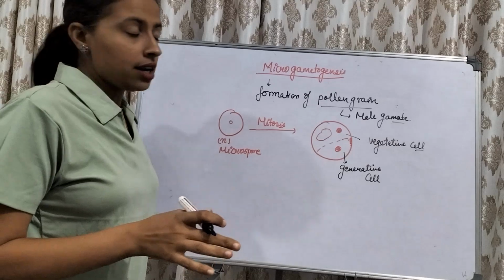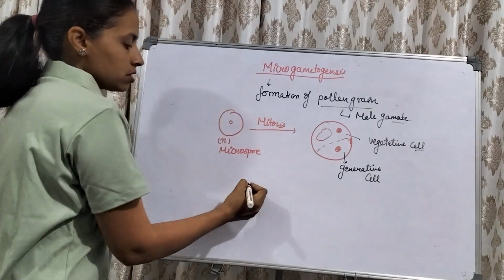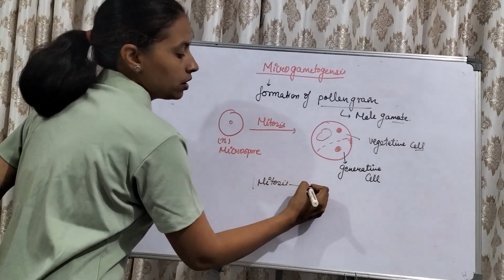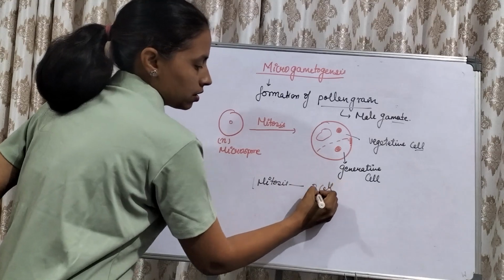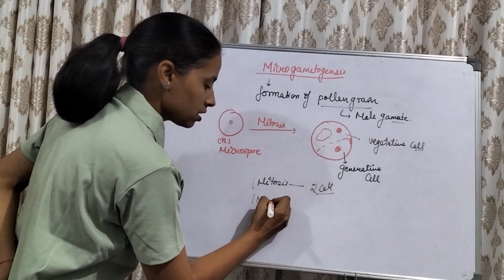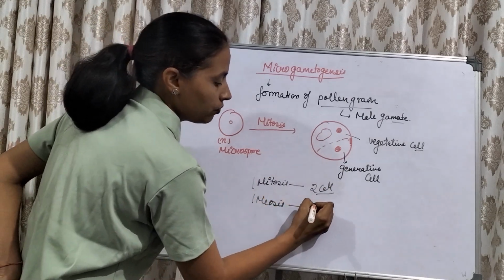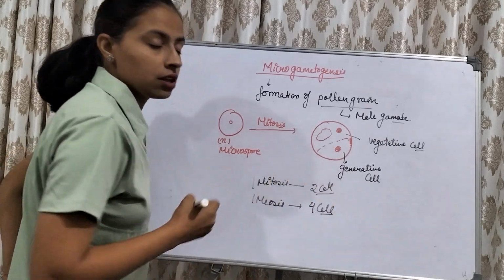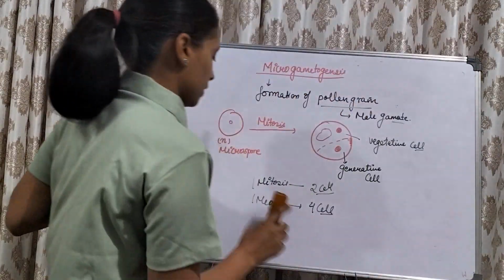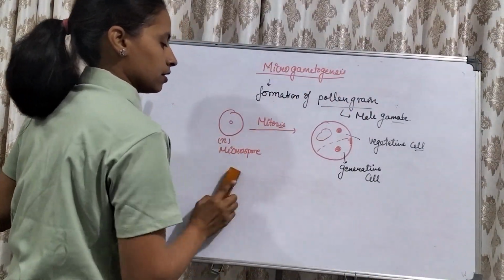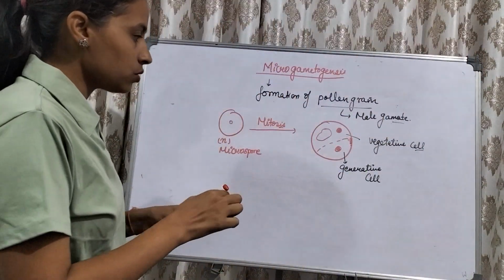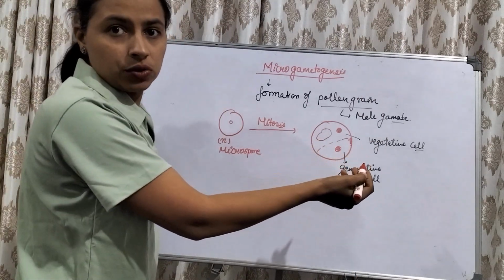As we all know, by one mitosis process we obtain two cells, or by one meiosis we obtain four cells. Clear? So we get one vegetative cell and one germinative cell.